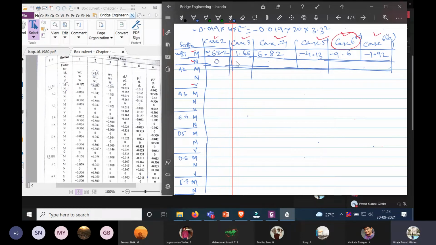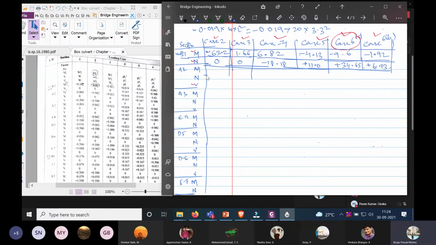So this is 0, this is 0, this is 0, and when you multiply this it will be minus 18.18. If you multiply this it is plus 11.0, it is plus 34.65, and this value is plus 6.93.